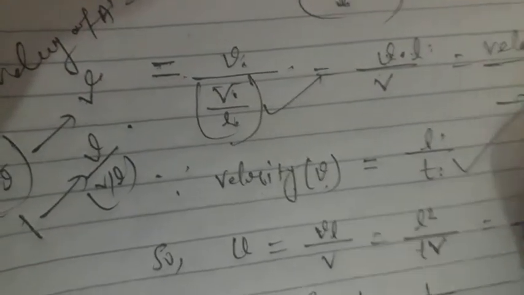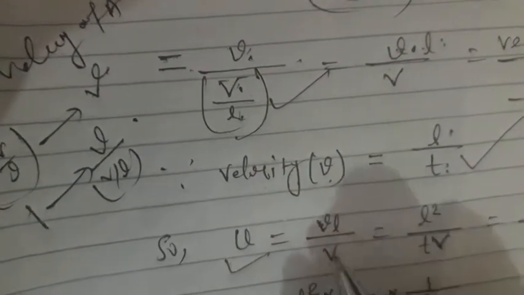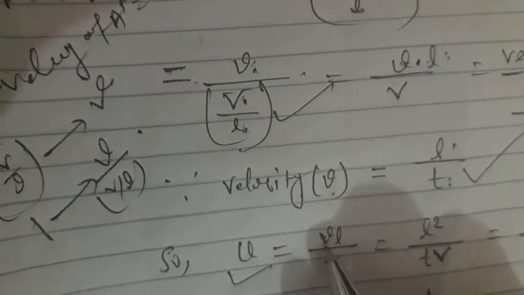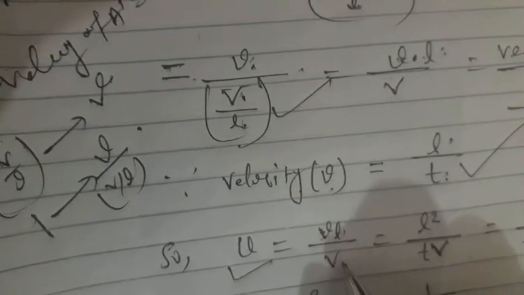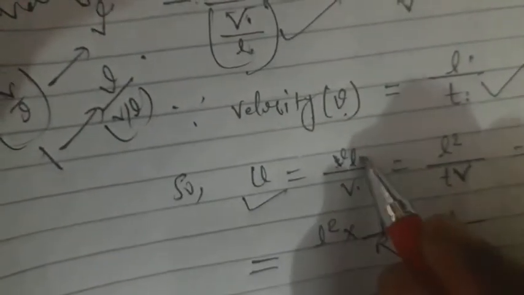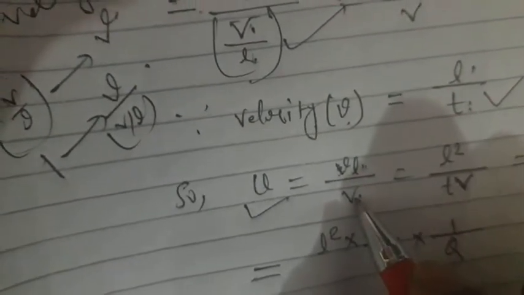So we know velocity is length by time. By putting this in this equation, we get u is equal to v L by V, where v stands for the velocity, L is the length, and V is the potential difference.